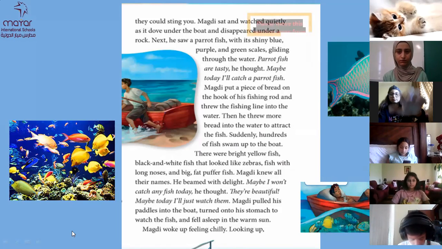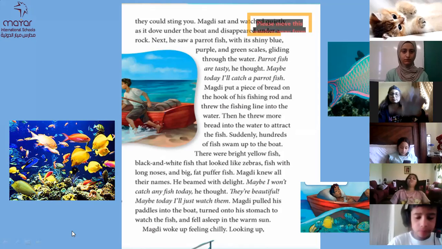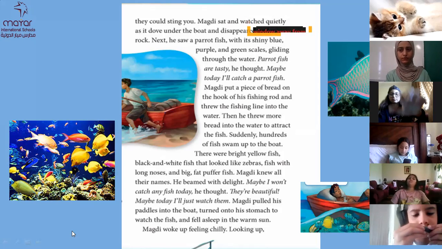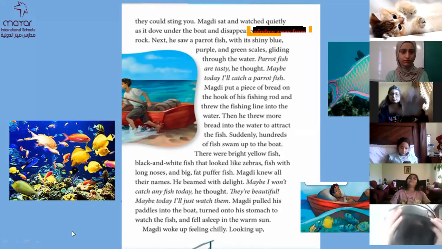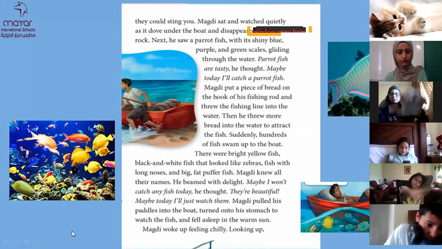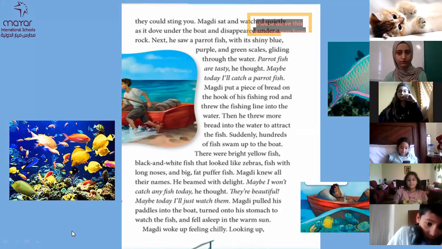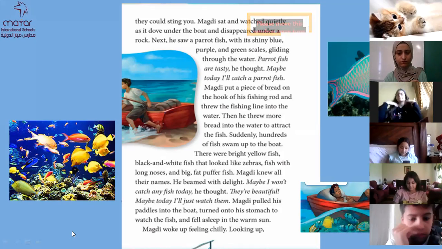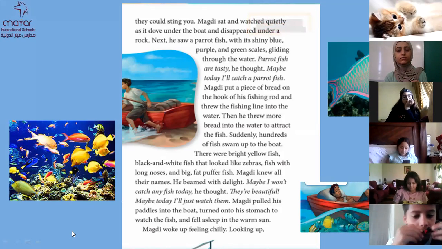Maybe I won't catch any fish today, he thought. They're beautiful. Maybe today I'll just watch them. Majdi pulled his paddles into the boat, turned onto his stomach to watch the fish, and fell asleep in the warm sun. Majdi woke up feeling chilly, looking up.